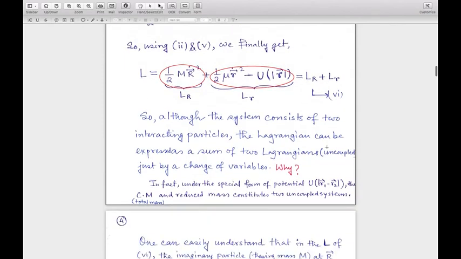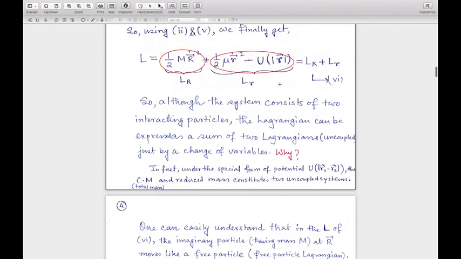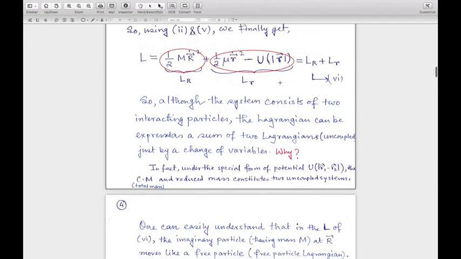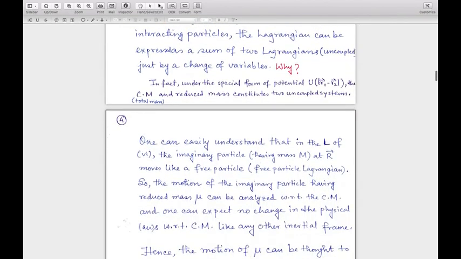Now, why is this possible? That was only possible because of this restrictive form of the potential. You can think a bit deeper about why this restrictive form finally uncouples them; you can just think and discuss with me.